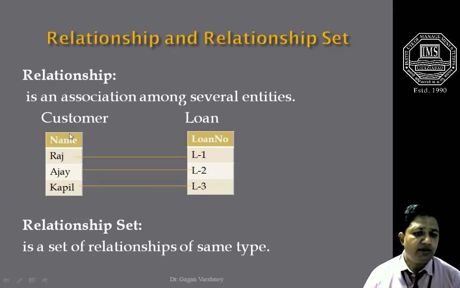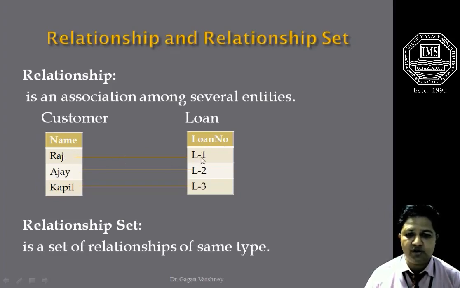Here customer has an attribute name and loan has an attribute loan number. So each entity of the name attribute, which is Raj, Ajay and Kapil, is associated with each entity of the loan entity set with the help of the loan number attribute, as is clear from the figure.